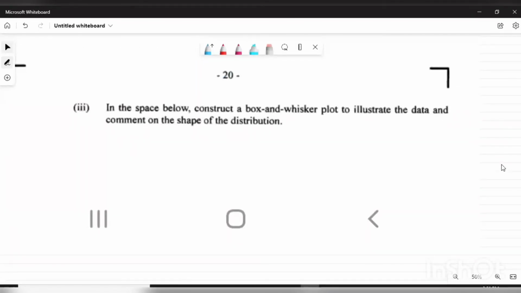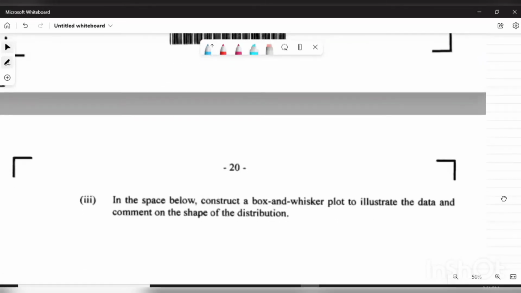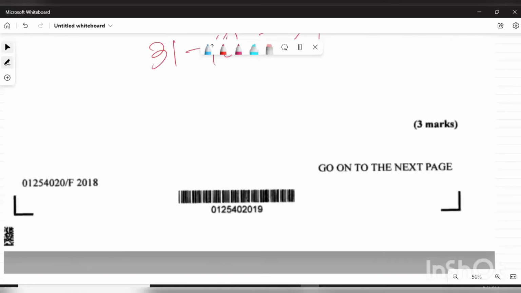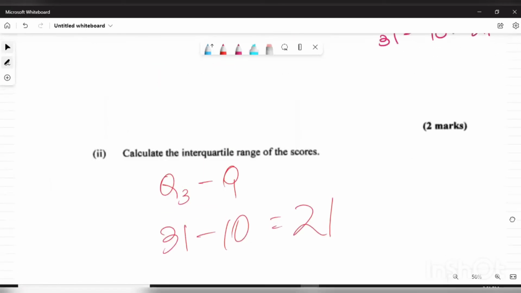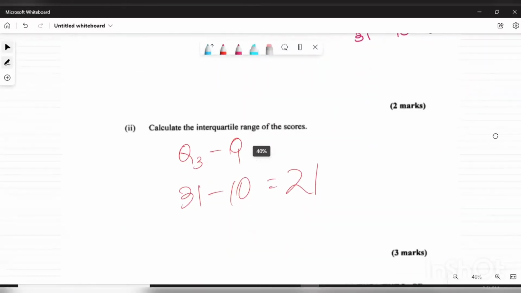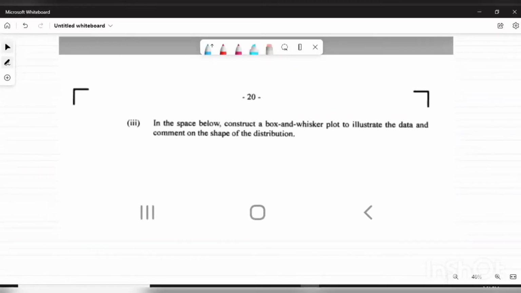Remember with the box and whisker, you need Q1, Q2, Q3, and we have those. And we need the range, the lowest and the highest. So the lowest is 2 and the highest is 47. As long as you're going to do the box and whisker, those are what you need.